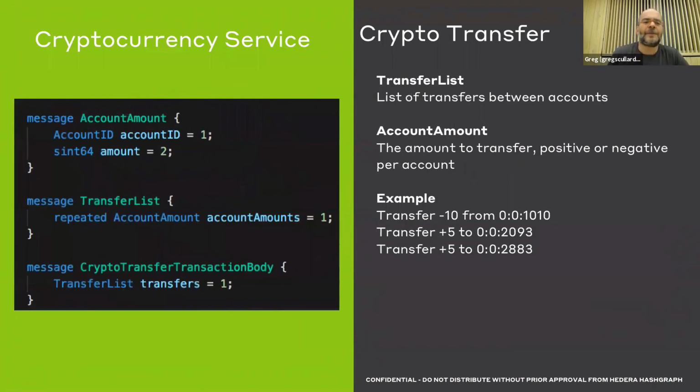Crypto transfer. So what does a crypto transfer message look like? It's a message that's made up of account amounts, which is an account ID and an amount. And a transfer list is a repeated account amount.